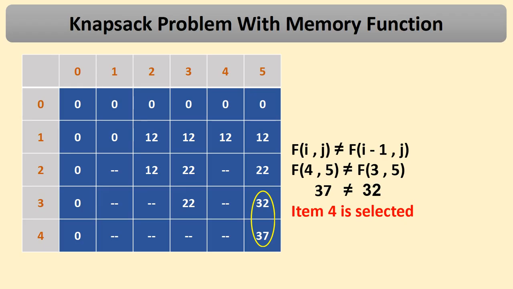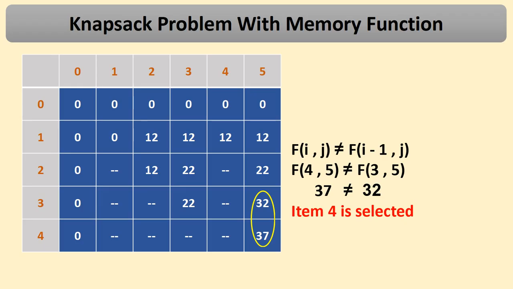According to our problem, the last cell is nothing but 4 comma 5. i will take the value of 4 and j will take the value of 5. Now when you apply this formula, f of 4 comma 5 not equal to f of 3 comma 5. That means the element present in 4 comma 5 should not be equal to the element present in f of 3 comma 5.